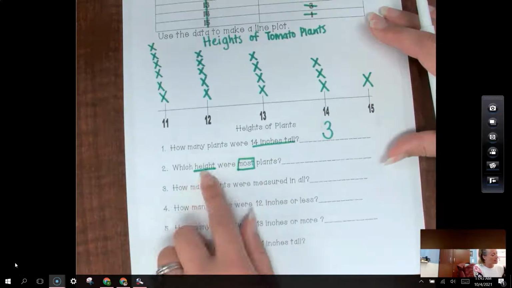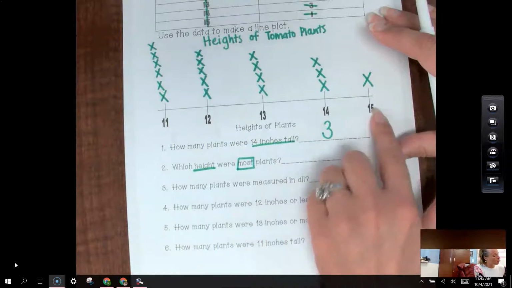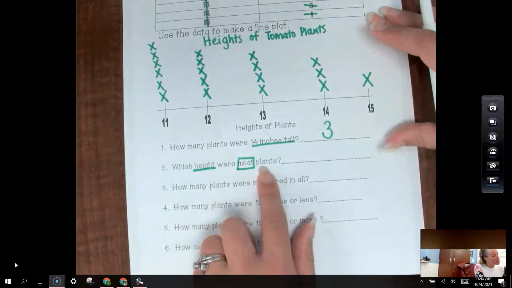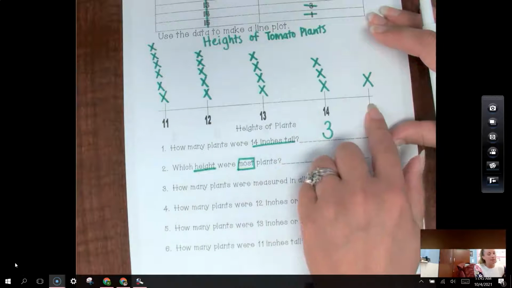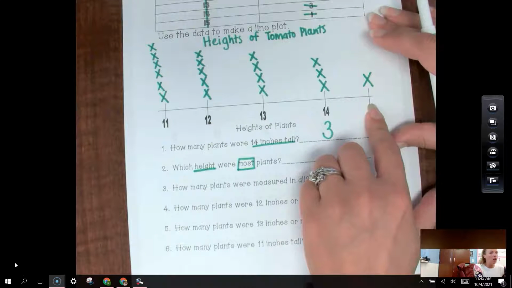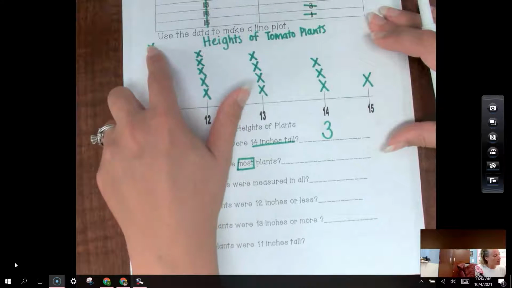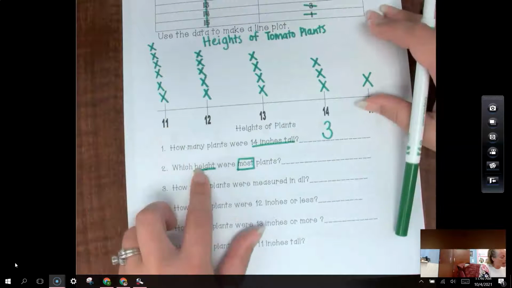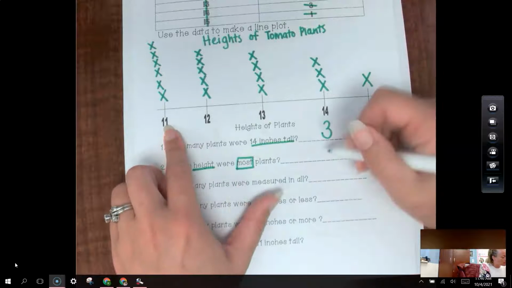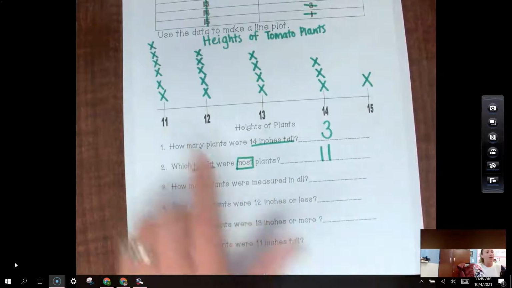So which height were most plants? Which height had the most plants? Well, if you look here, the one with the most X's is 11. 11 had the most X's. So 11 is the height with the most. So that answer is 11.